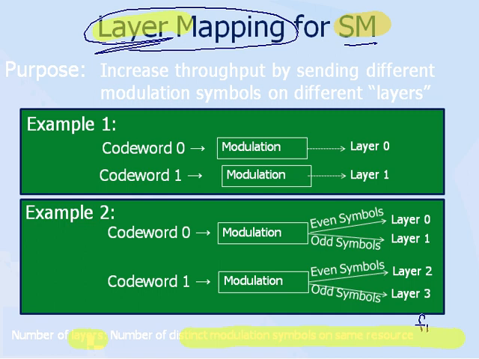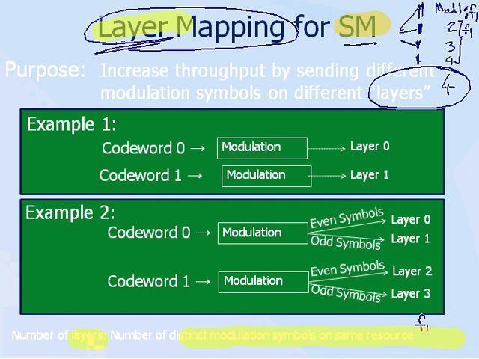So if someone says that I have 4 layers, it means that I can have 4 different modulation symbols, modulation symbol 1, 2, 3, and 4, sent on the same subcarrier, F1. These are all 4 antennas. So we are able to send out 4 modulation symbols from 4 antennas because we are reusing the same subcarrier F1 4 times. If someone says that I have 2 layers, I can support 2 layers.